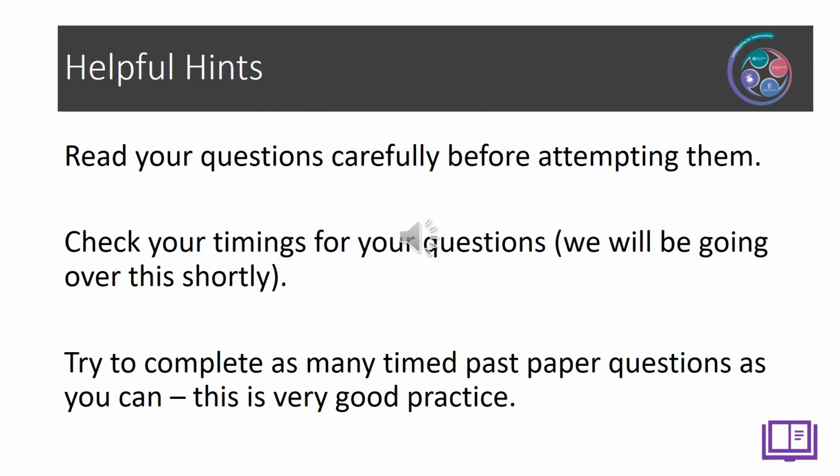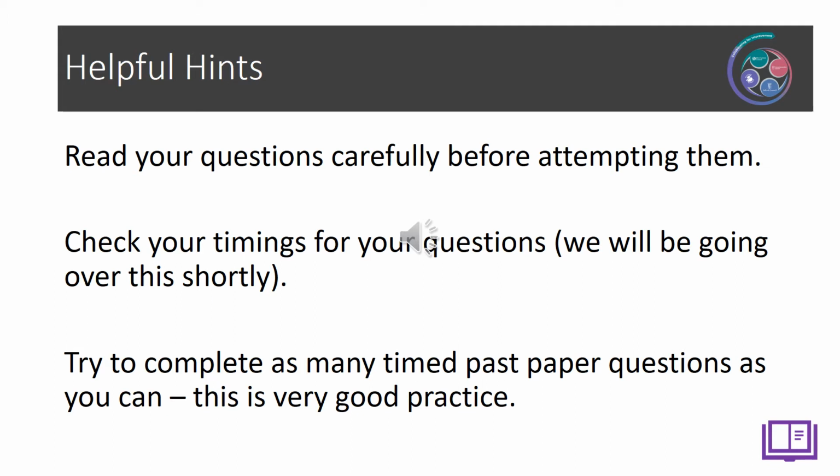I wanted to share with you some helpful hints that should be useful to you for when you're completing assessments in the National 5 History course. One of the most important things that you can do is to make sure that you read your questions carefully before you attempt them. Make sure you understand what the question is asking you and take time to highlight any important or key words that are there in the question.